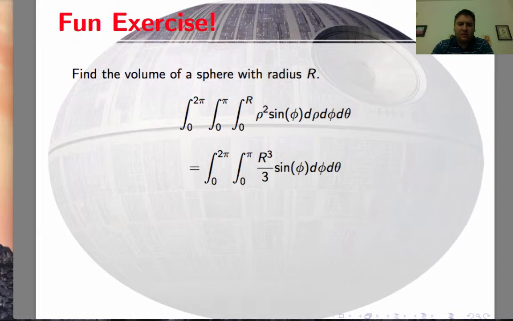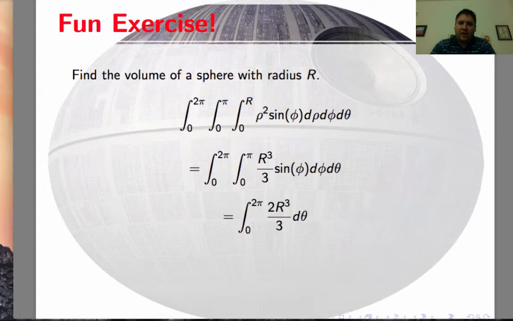I'm looking at the inner integral here. If you take the integral with respect to rho, I'm getting rho cubed over 3 times sine of phi, which I can evaluate from 0 to R, and I'm getting R cubed over 3 times the sine of phi. Then I can integrate that very easily with respect to phi, and I'm getting negative cosine of phi, which I'm evaluating from 0 to pi, and that's going to give me 2, sort of miraculously.